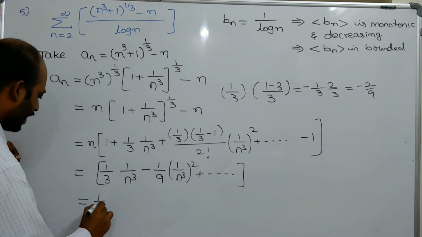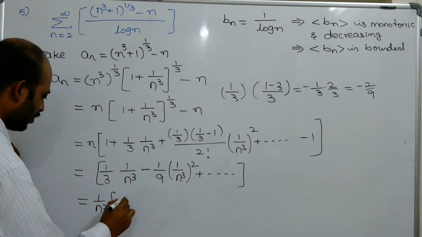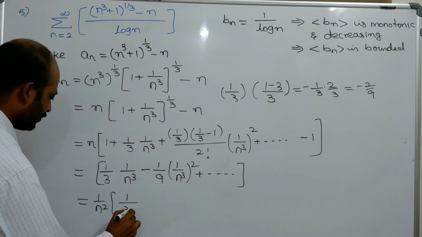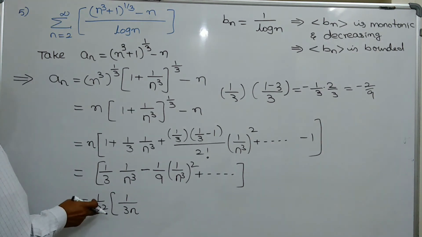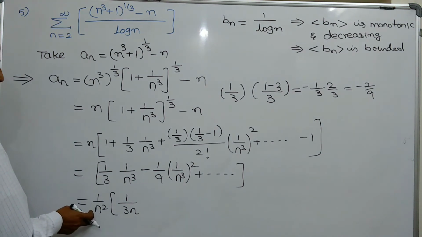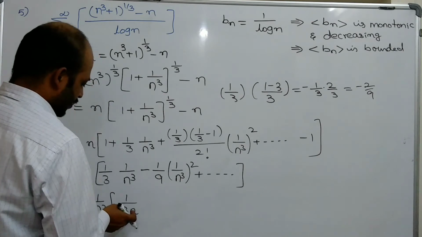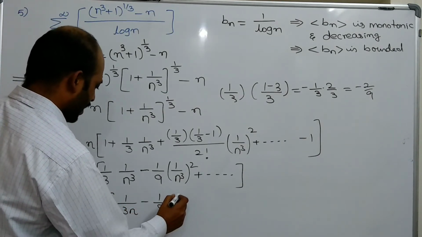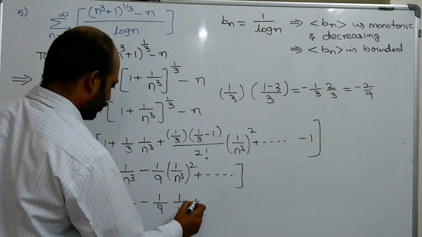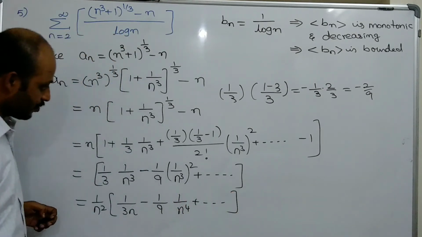By making 1 by n square common, we get 1 by n square into (1 by 3 minus 1 by 9n cube plus and so on).